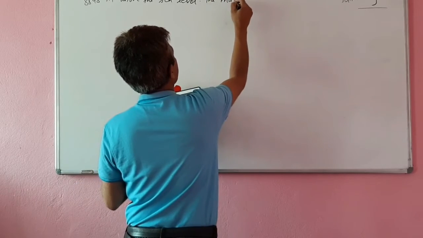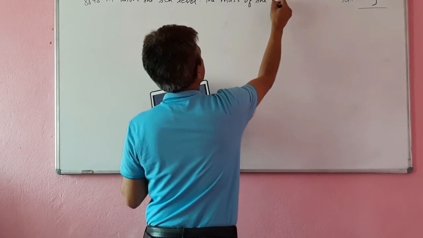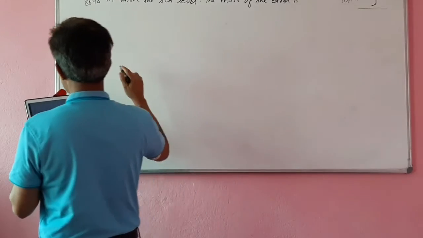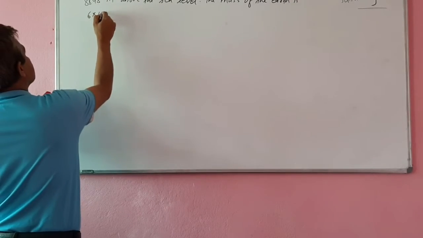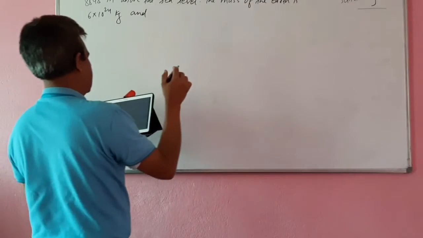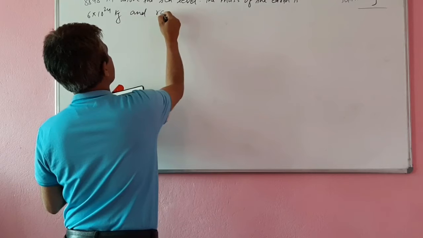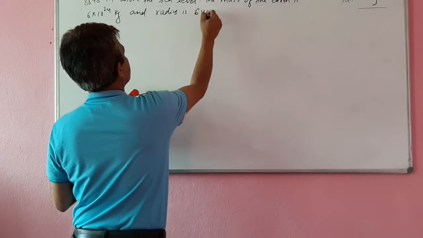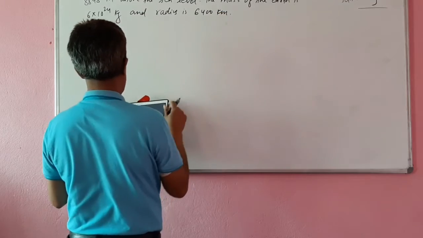The mass of the earth is 6 times 10 to the power 24 kg and radius is 6400 kilometer.